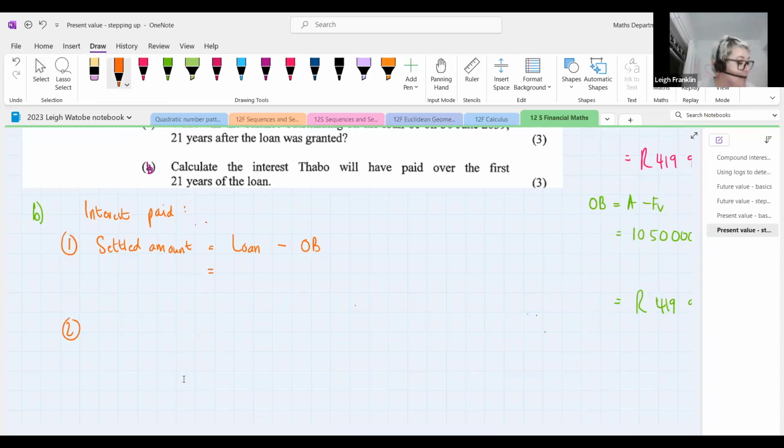After we have calculated our settled amount, we need to calculate how much money has been paid to the bank. Okay, so how much has been paid? So this will be the monthly installment, the X value, multiplied by the number of months.